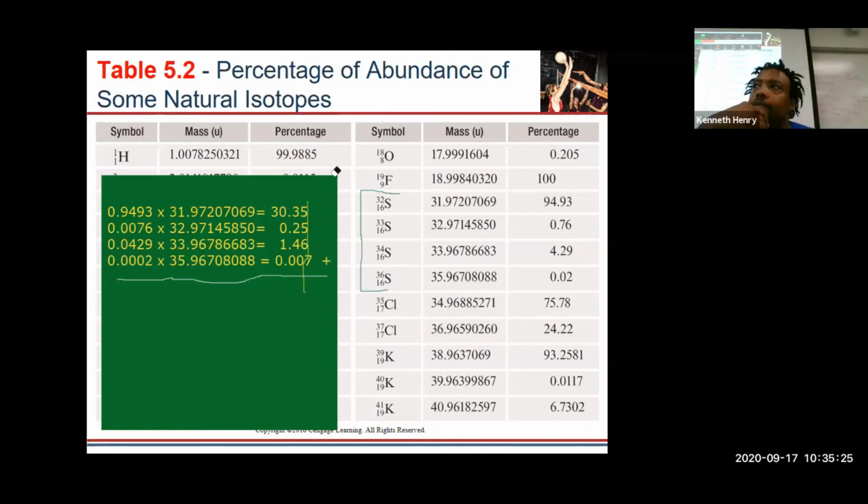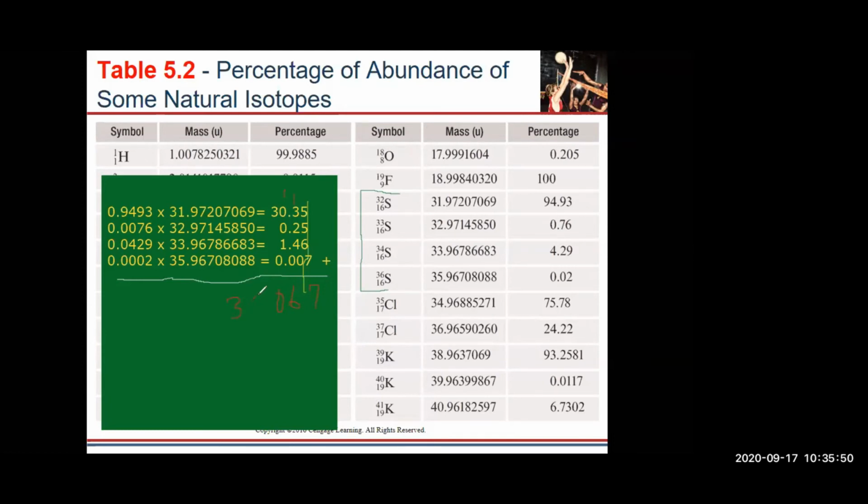So if we add this up, we get what? That's 7. 16. Carry the 1. That's 0. 2, 3, 1. Is that 32? Yes. And a decimal.